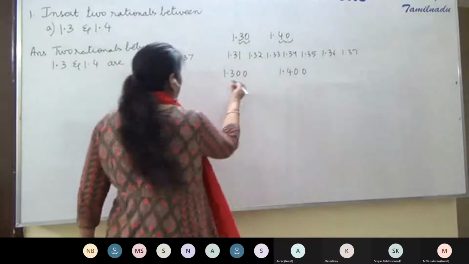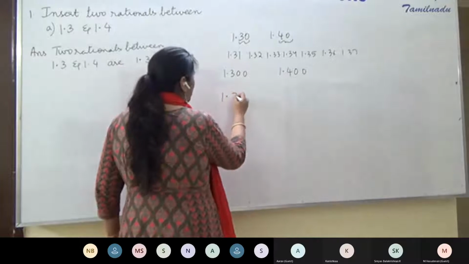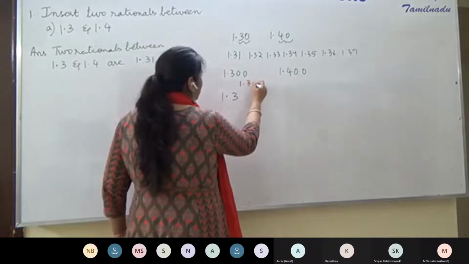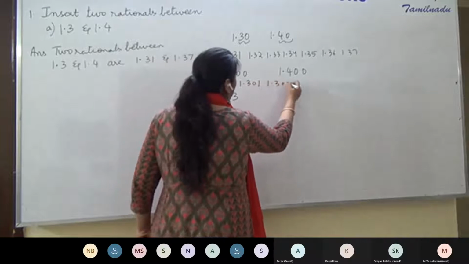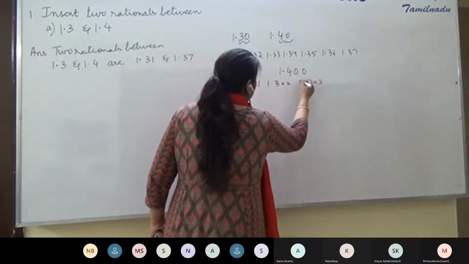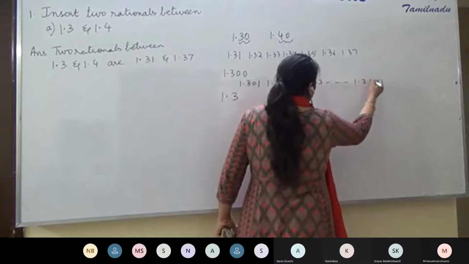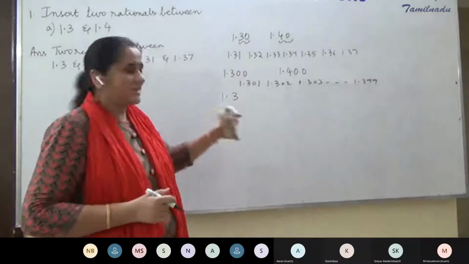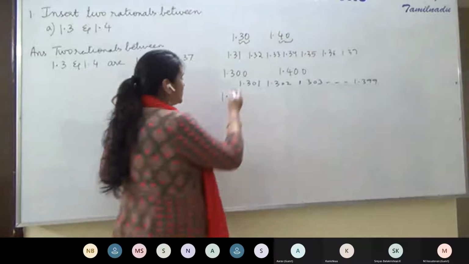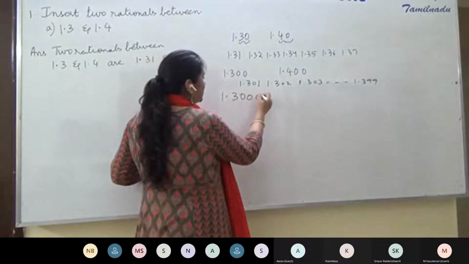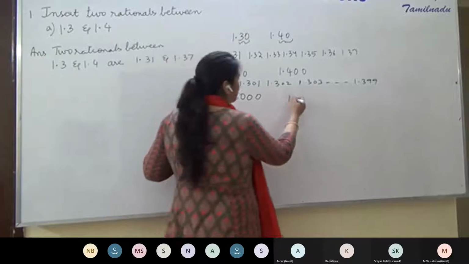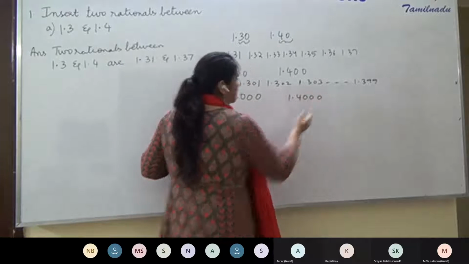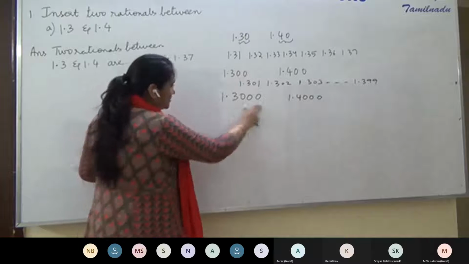You can go on like this. So you can write 1.301, 1.302, 1.303, so on like this till 1.399. Now you can treat this one as 1.3000 and 1.4000. It's still 1.3.